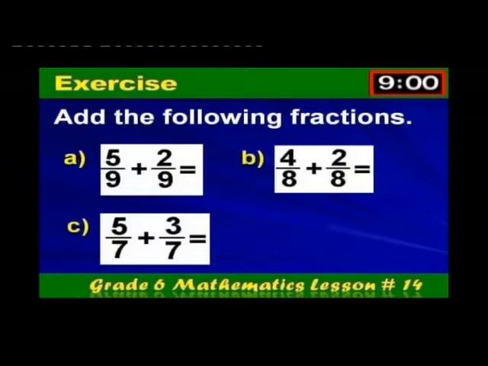And your homework, exercise C, 5 over 7 plus 3 over 7. Some fractions, when you add, you come up with an answer that is already in its simplest form. So don't force yourself to simplify fractions.